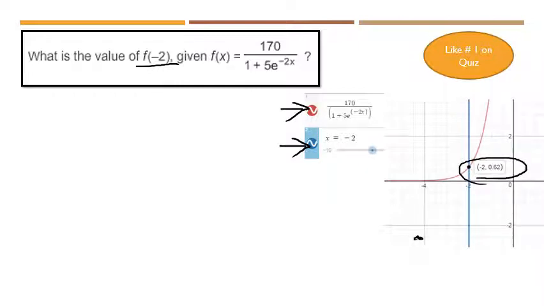It's that point, at 0.62. That would be your answer for this one. I would encourage you to get familiar with Desmos, and plug it in exactly the way you see this, with the parentheses.